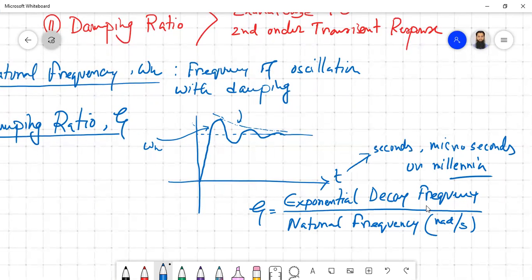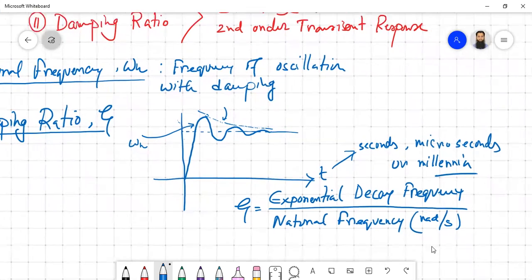Whatever the time scale, it doesn't make any difference. It is always following a pattern. The time may be too short as microseconds or nanoseconds, or too long as millennia, but still it will possess the same ratio. So the ratio is basically how exponentially it is decaying relative to the natural frequency.